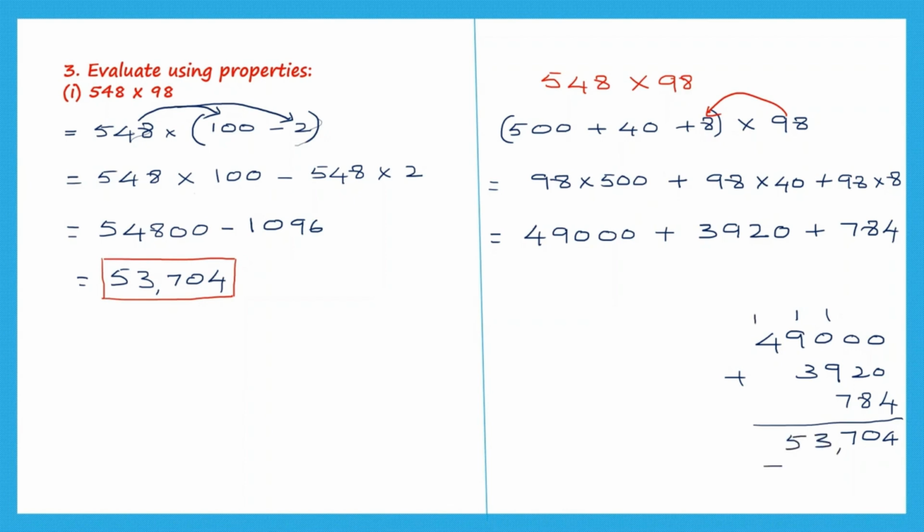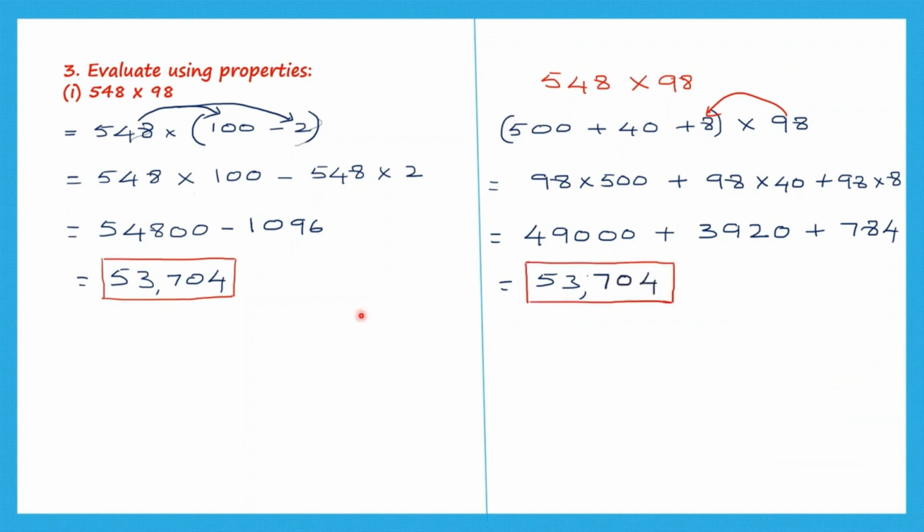So what do we have here? 53,704. Now, as you can see, the answer here and the answer here are the same. So you can use one of these methods, whichever you're being taught in school, and get the answer.